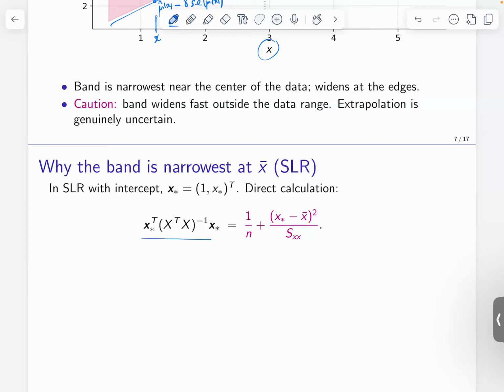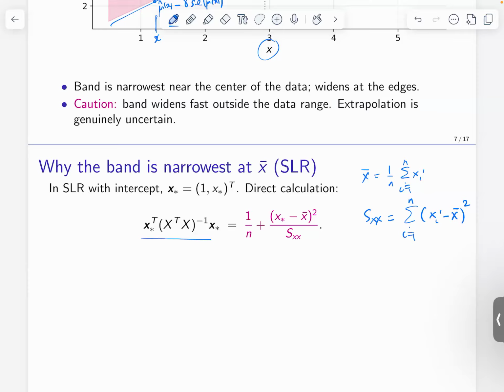You multiply things out and simplify, and you get this result, where X bar is the average over the training X's, and SSX is the sum of squares of the deviations of Xi from the center. So this SSX is measuring, if you divide by roughly n or n minus 1, the variance, the spread.